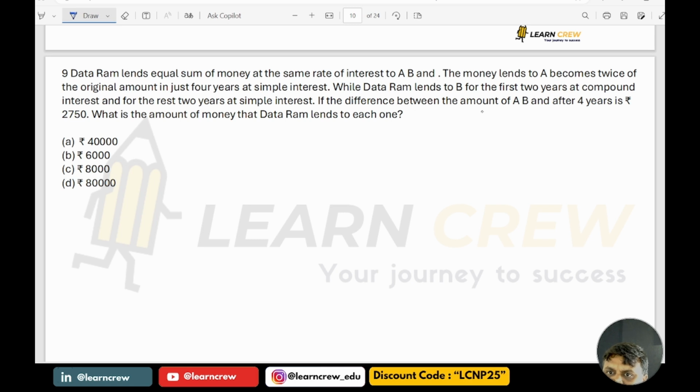If the difference between the amounts of A and B after 4 years is 2750, what is the amount of money that Ram lends to each one?